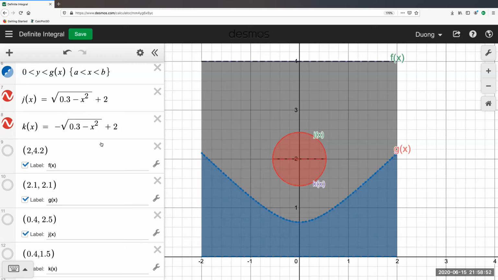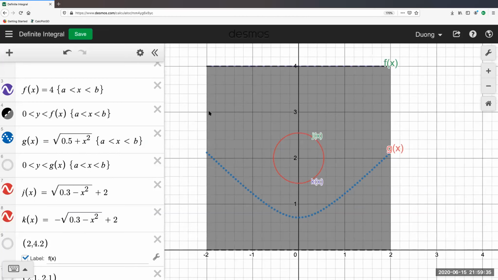So now that I have all the functions that I need defined, I can use the fundamental theorem of calculus to find the area of these gray regions. First, I want to find the area of this big square.